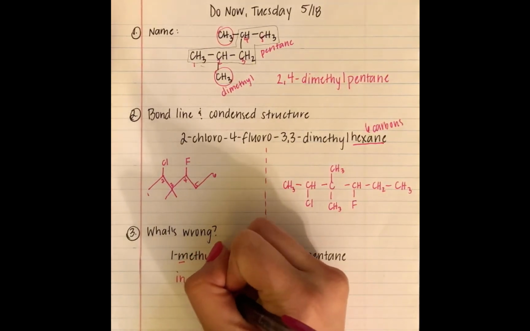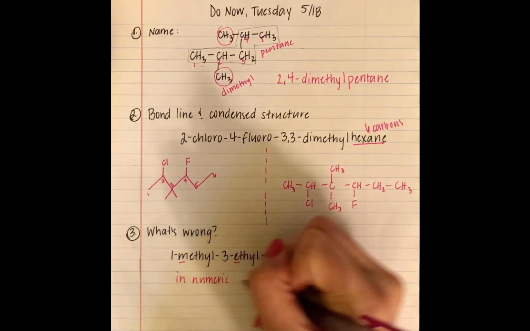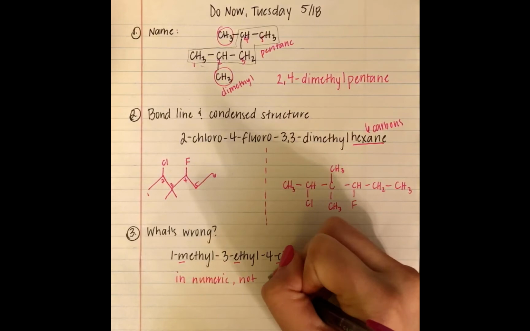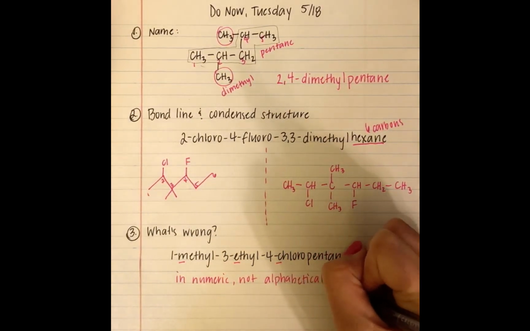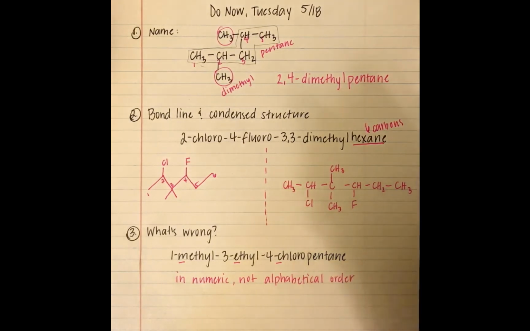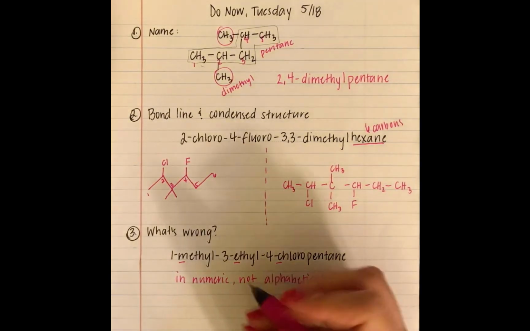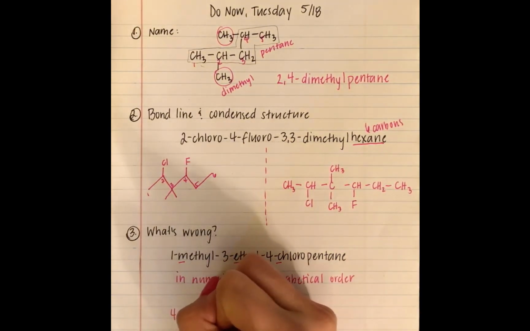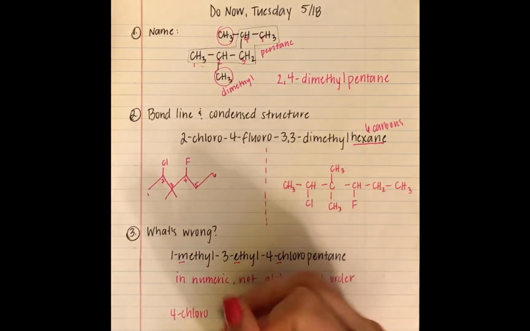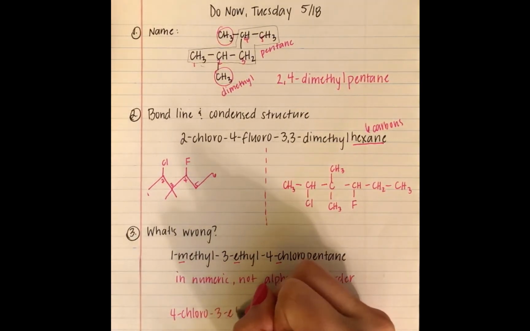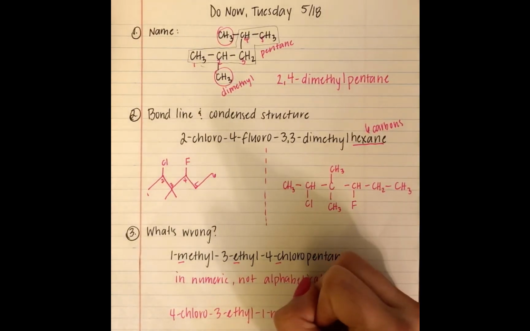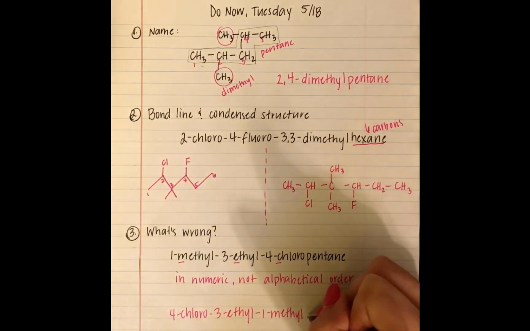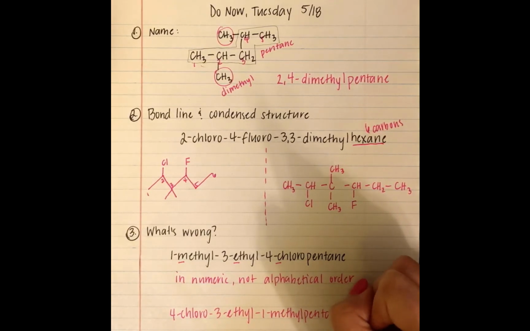So we'll answer and we'll say it's in numeric, not alphabetical order. And if we wanted to fix it, it would actually be 4-chloro, because C is going to come first. 3-ethyl, E will come next. 1-methylpentane.